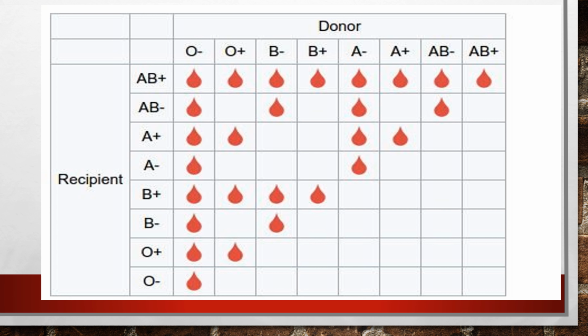O positive can take from O negative and positive both, and O negative can only take blood from O negative. So that is why the O blood group is called the rarest. You can see O positive and O negative, and even the B negative blood group, can only take from one or two blood groups. So they are rare. That is why O negative is the rarest blood group, because it cannot take from anyone else, right?